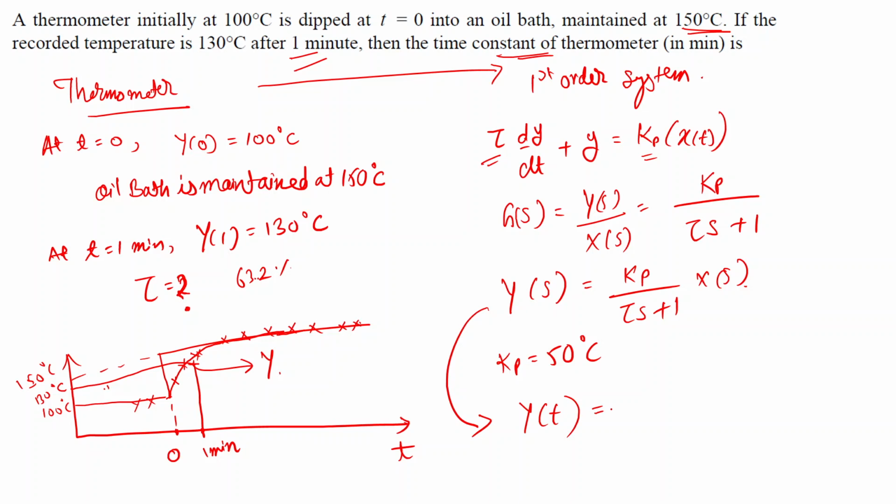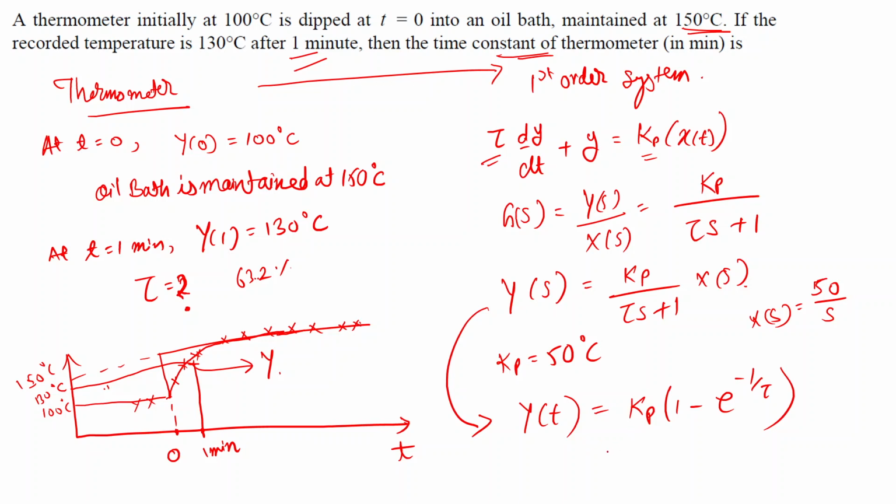And write y of t is equal to Kp into 1 minus e raised to minus t upon tau. Since we were giving a step input, our X of s would become A by s, where A in this case is 50. It will become 50 upon s.